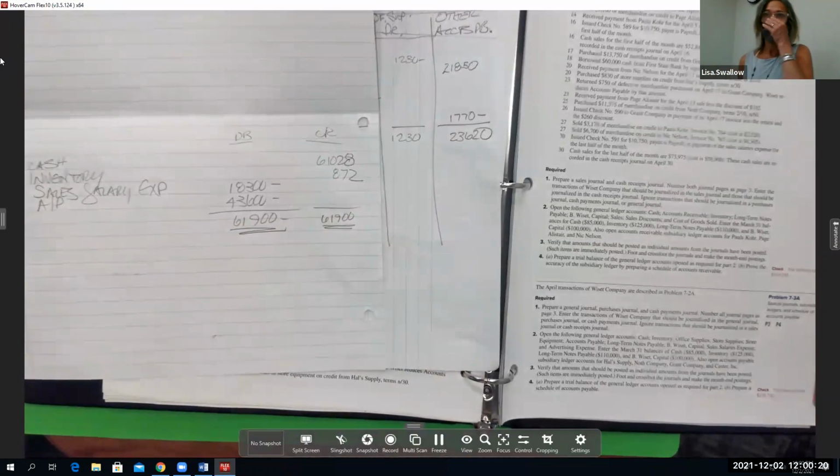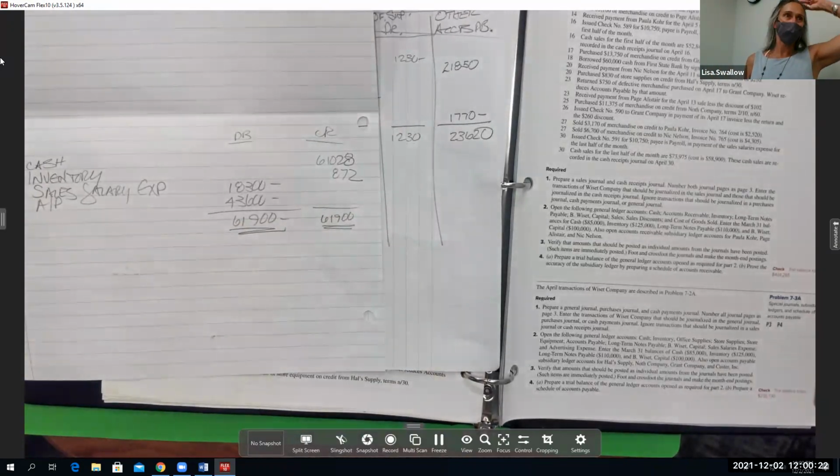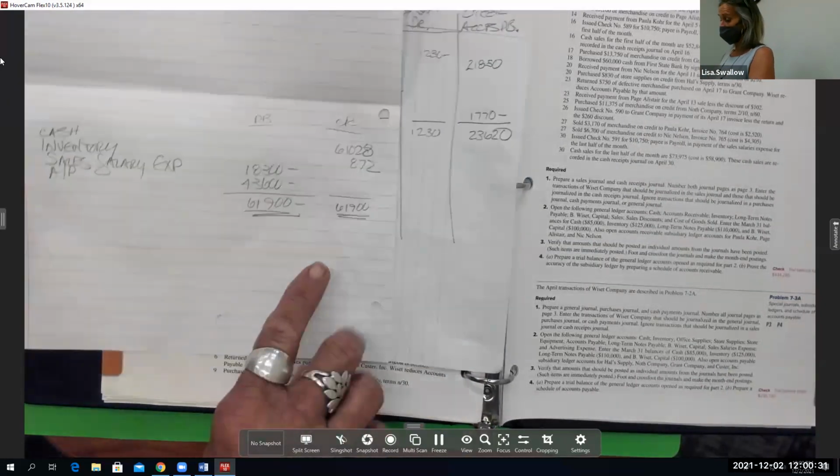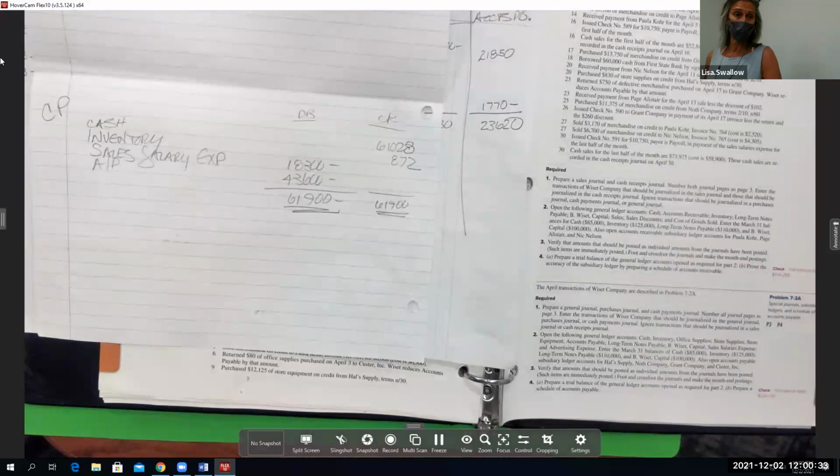Okay, phew. The fun continues. Now we get to post. I need to stretch. I get it. So this was my cash payments, pretty straightforward right there. There wasn't that much in that one.